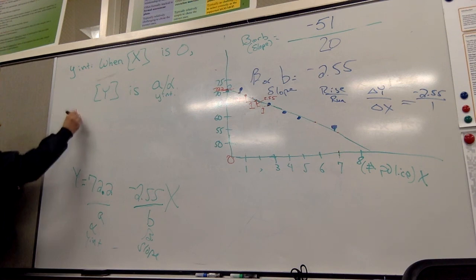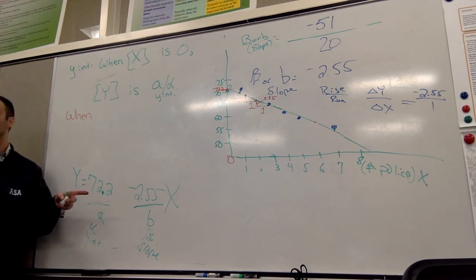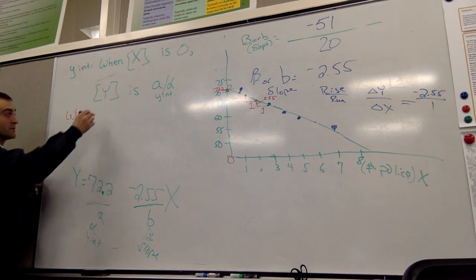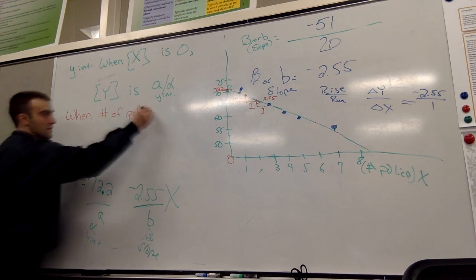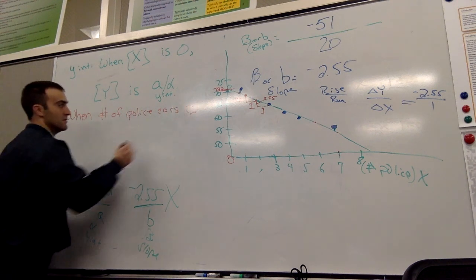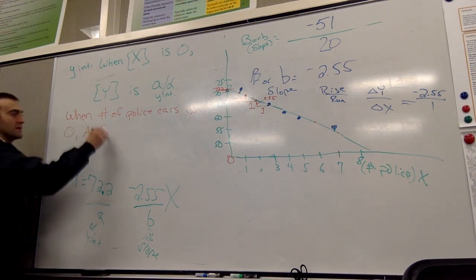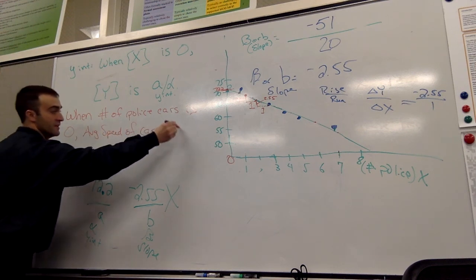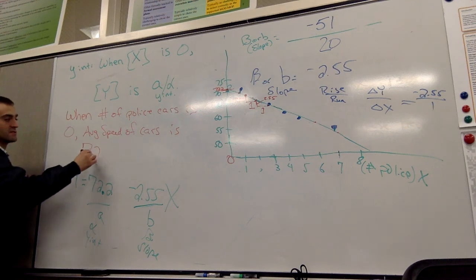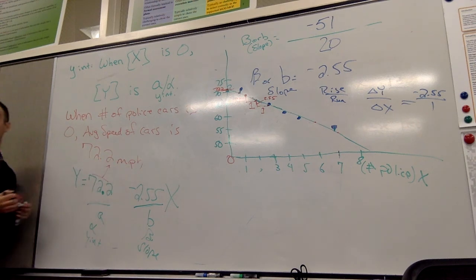So when all of our x's are set to 0, in this case we only have one x, one independent variable, which is number of police cars. When number of police cars is 0, or there's no police out on the street, y, or the average speed of cars, is, our best guess, 72.2 miles per hour.